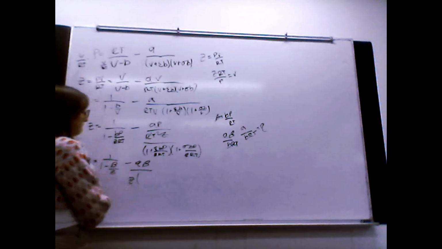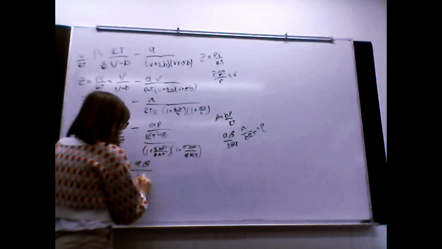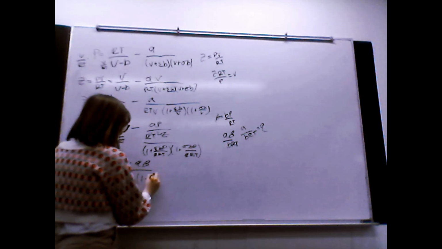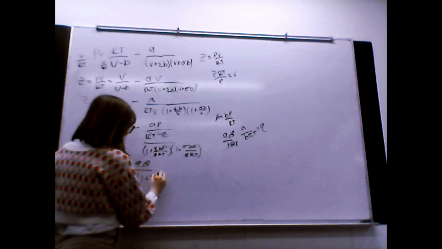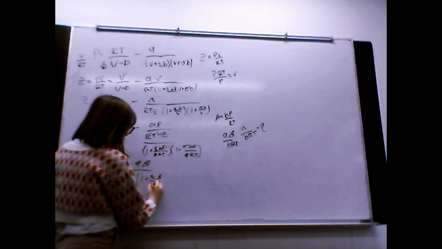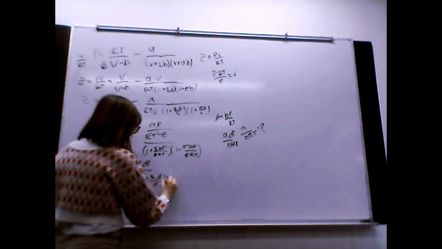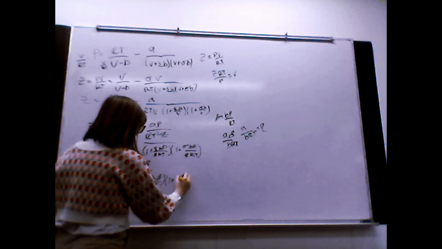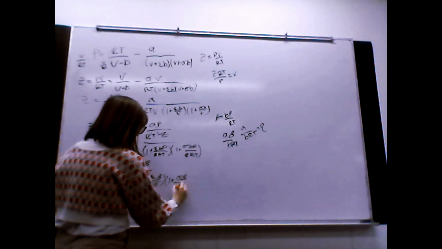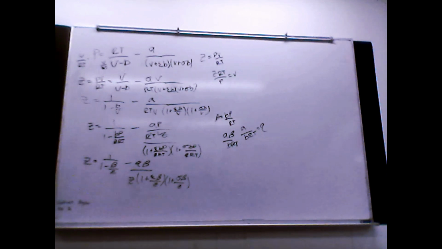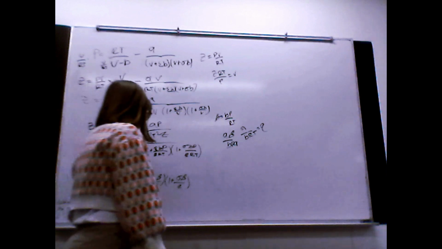And now it should be just 1 plus epsilon, and then beta, and then a z, and then 1 plus sigma beta over z. This is good.